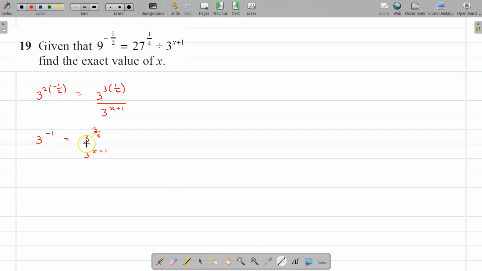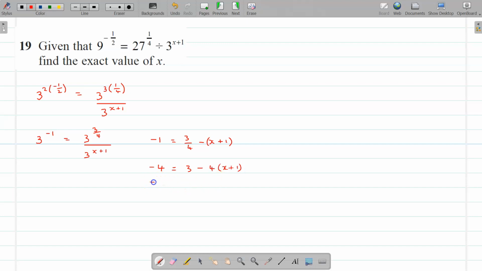Now I can remove the 3's, but recognize that I need to subtract the indices here on a division. So I get −1 = 3/4 − (x + 1), and that must be in a bracket. If I multiply everything by 4, −4 = 3 − 4(x + 1).